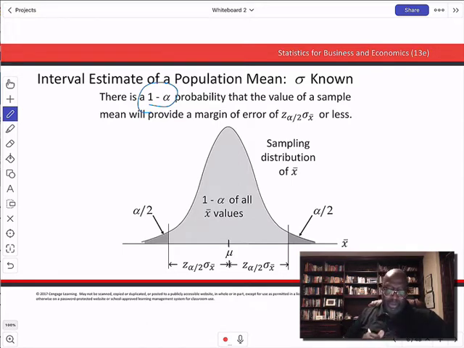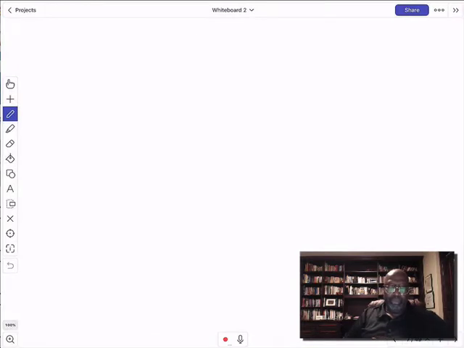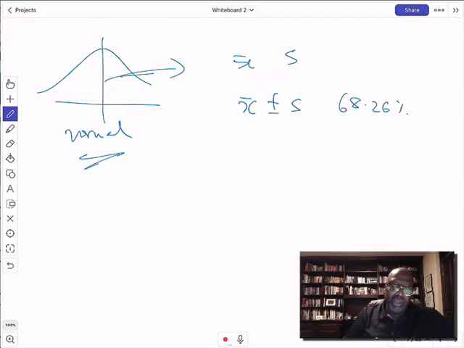You may remember that with the empirical rule, we said if we believe that a sample that we obtained came from a normal population, and then we observe X bar and S, then we could take X bar plus or minus S, and 68.26% of all of the values in that distribution, or in the sample at the very least, should be in that range.